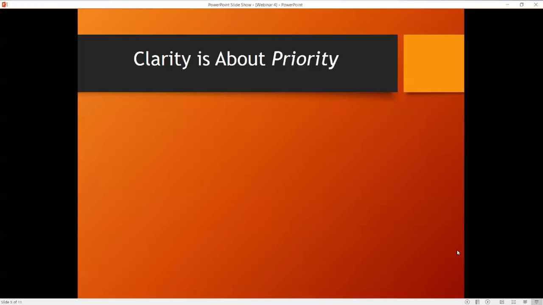Clarity is about priority. There's a saying in English, first things first, or in other words, making sure that the most important thing is mentioned first, making sure that the part that logically should precede does precede the main part. That all sounds very abstract. Let's consider what I mean through this description.